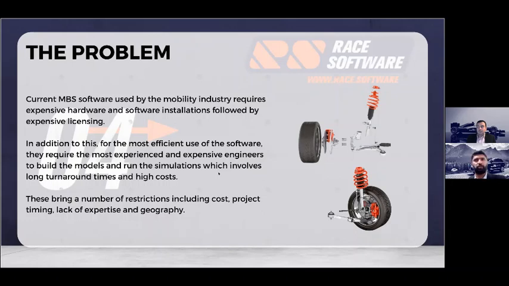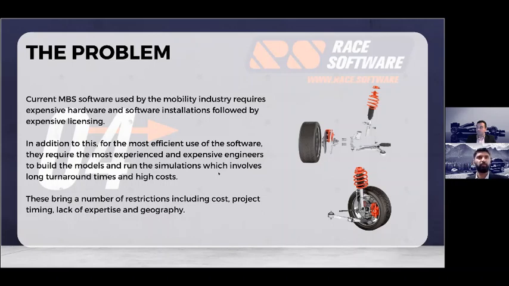So, to use the software properly, to run simulations and get the most out of the tool, you have to have engineers who are experienced with creating a model, optimizing it, and then iterating on various different options and setups to get the kind of solution you would like, whether it's a sports car or a family saloon, or whatever the case may be in terms of suspension design.